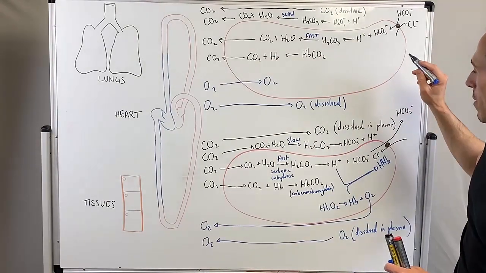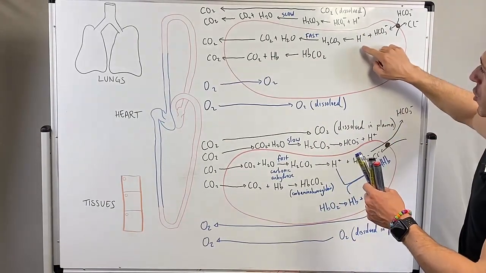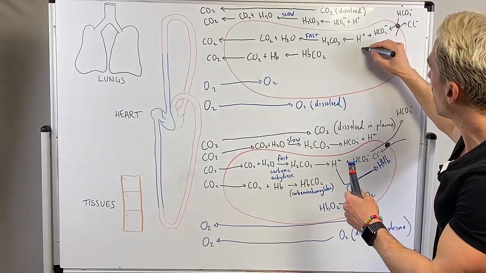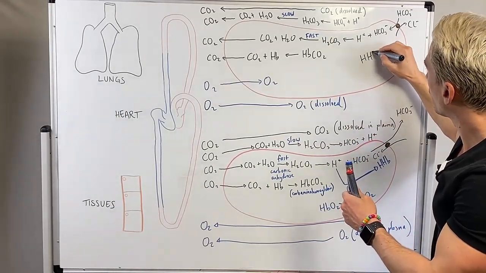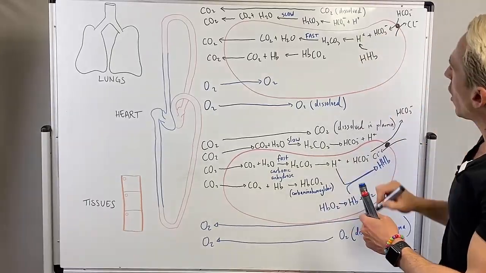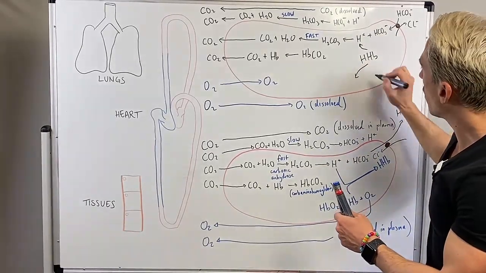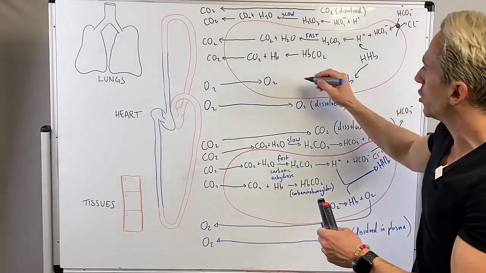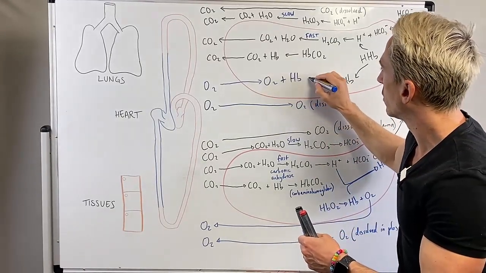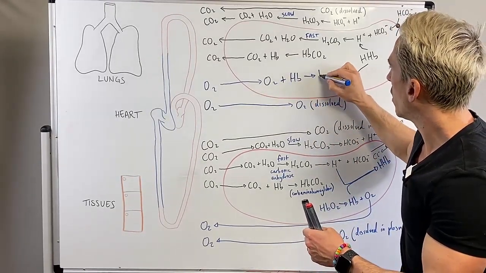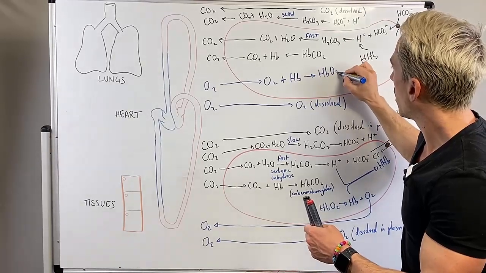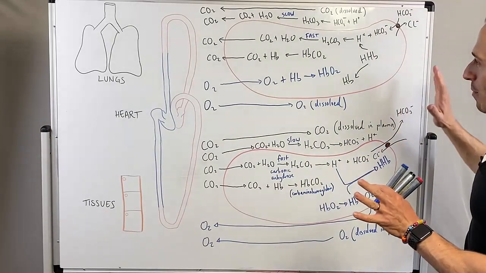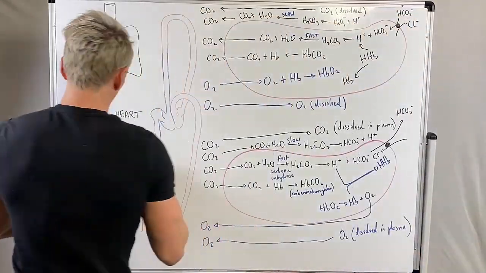There's also free hemoglobin because the hydrogen that we got here was reversibly bound to hemoglobin, and that hydrogen jumped off. Now we've got free hemoglobin, and this is the hemoglobin that the oxygen can use to bind to. And now we've got oxygen bound to hemoglobin.